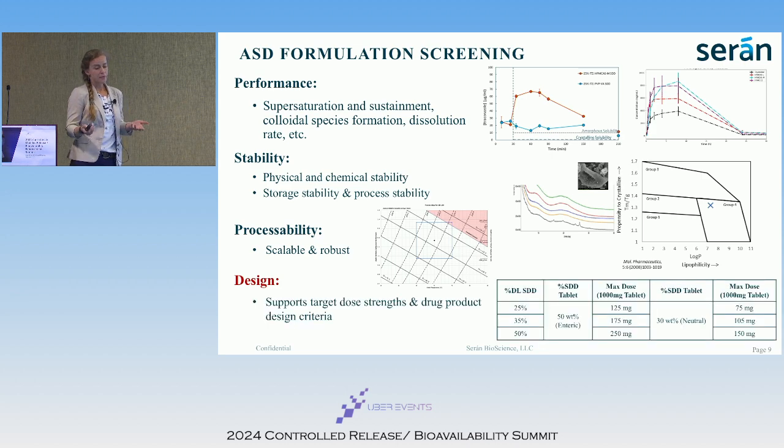And the design feature is something that's very important to think about as well. A lot of times when we're identifying the optimal formulation from a formulation screening perspective, what we're looking for is optimal performance that maintains stability that we think we can make.